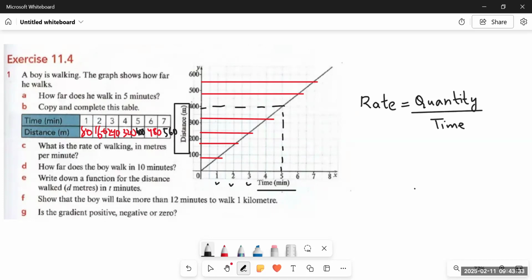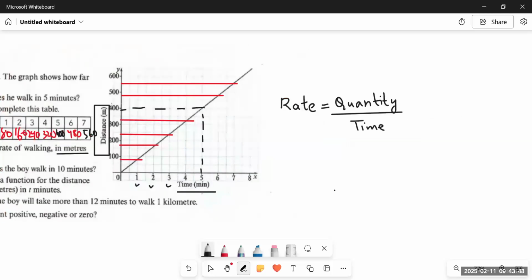And how can you figure out why we are using this formula? So you see, what is the rate of walking in meters? What is meters? Meter is the unit of distance. Distance is a quantity. Therefore, we will write it down in the numerator. Right? Quantity is the distance.